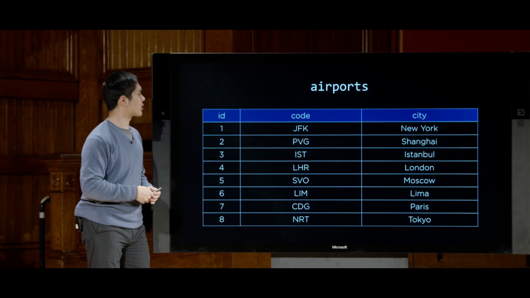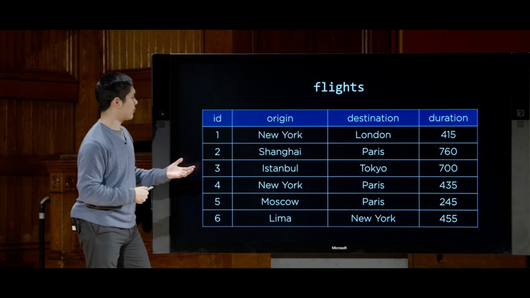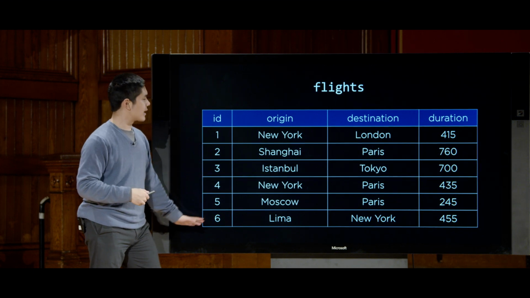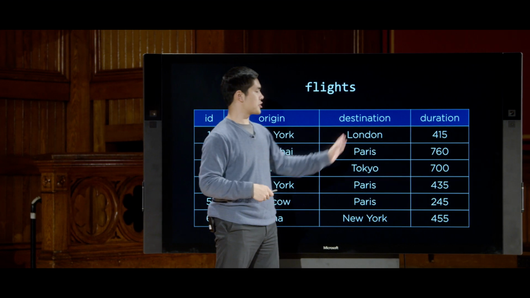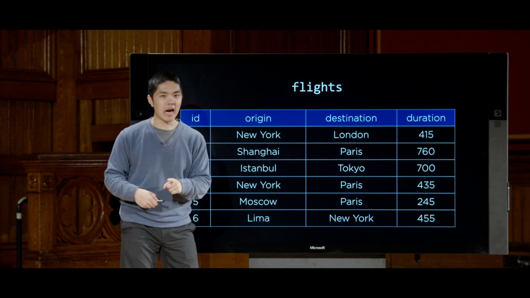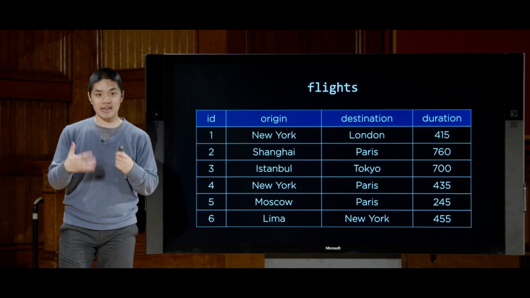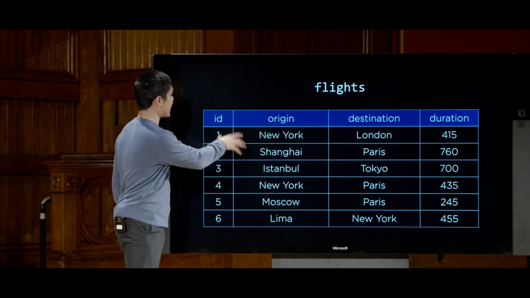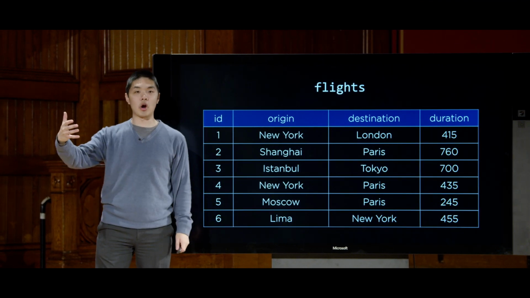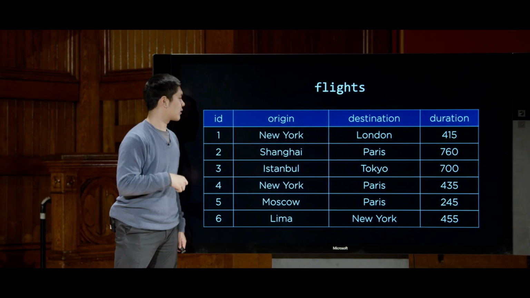The question becomes, what happens to my flights table? My flights table had an ID, origin, destination, and duration, where the origin and destination were just text-based data representing the name of the city from which the flight is departing or to which the flight is arriving.